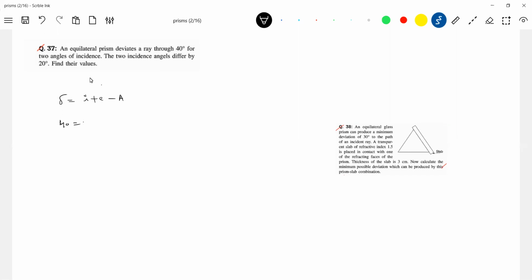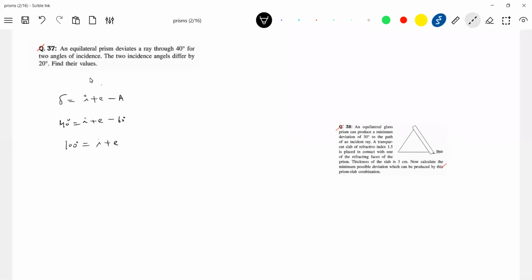We don't know the incident angle, keep it here, and the emergent angle we don't know. Angle of prism, equilateral prism, is 60 degrees. So therefore, 100 degrees equals i plus e.